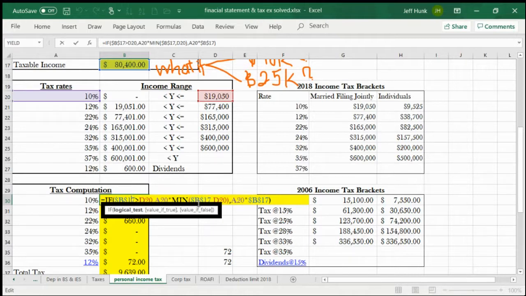If B17 is less than D20, then it will multiply 10% to B17, but that's not going to happen. We know it's not going to happen. Why? Because the condition is if B17 is greater than D20, then do this.